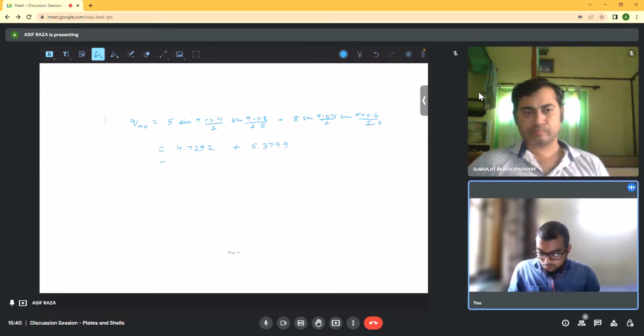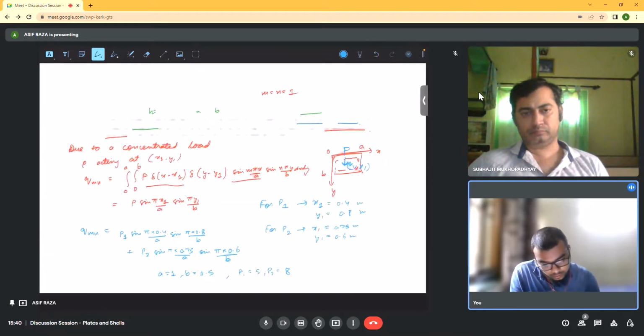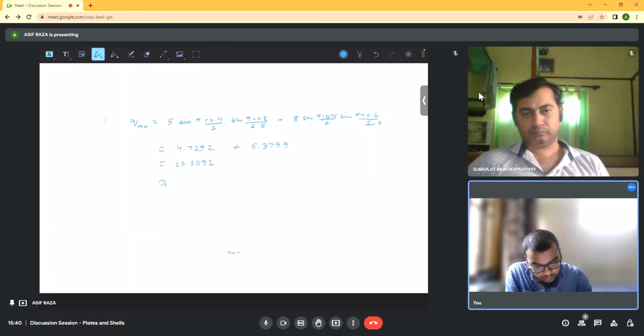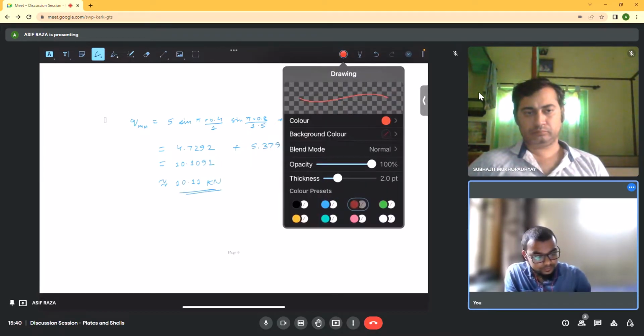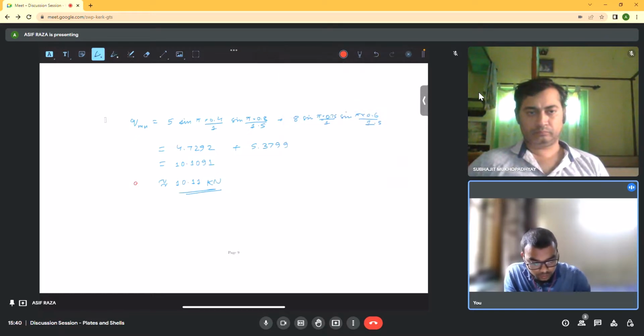Adding we get 4.7292 plus 5.3799, 10.1091, and we have to find up to second decimal places. So this can be simplified to 10.11 kilometer. So this is my answer.